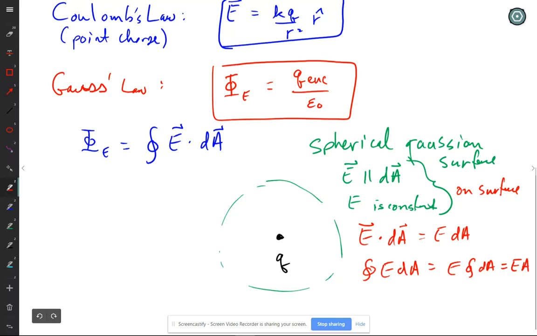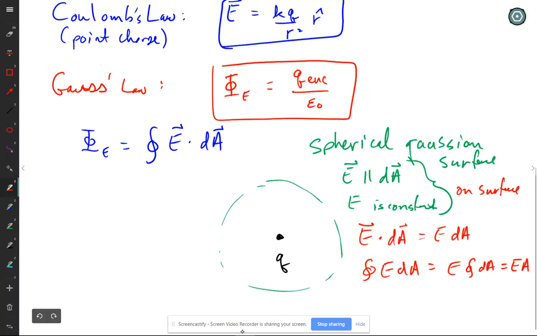So the flux calculation turns out to be trivial because of the appropriate choice of Gaussian surface. If you'd chosen a cylindrical Gaussian surface here, it would be non-trivial because you would have the electric field, once again, changing angles and changing strength on the side of the cylinder. You could still technically do it, it would just be a lot more work.